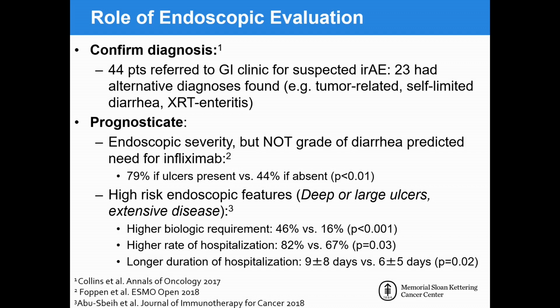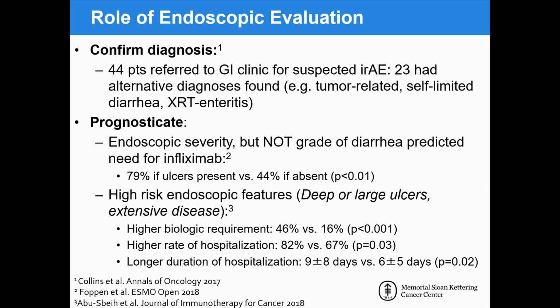But it also turns out that in studies that have looked at this retrospectively, those patients had a much higher need for biologics, for failing steroids, for example, and requirement for infliximab. In one study, about 80% of patients needed infliximab if there were ulcers during an endoscopic evaluation, versus only 44% if there was no endoscopic ulceration.